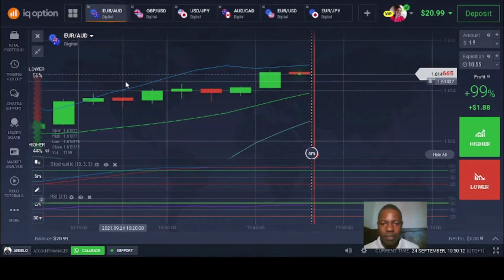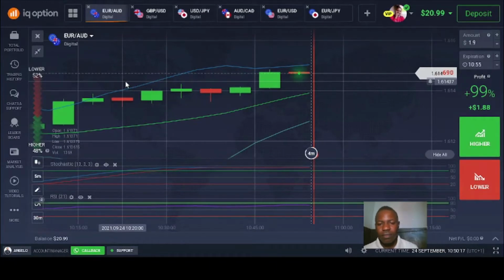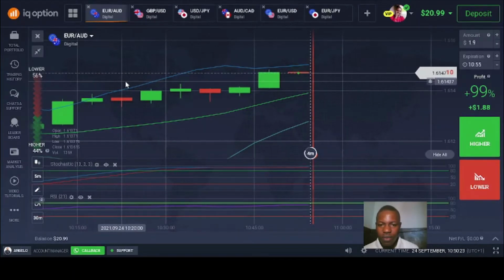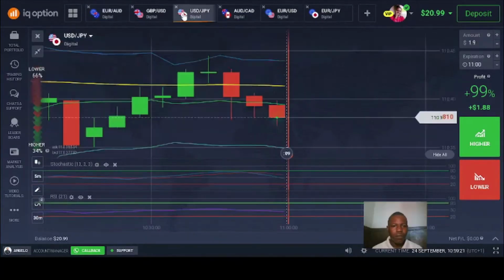I will just wait. I'll wait for one more candle. It doesn't really look perfect. It may work, but it doesn't look perfect, so I'll wait for a perfect signal before taking the trade.